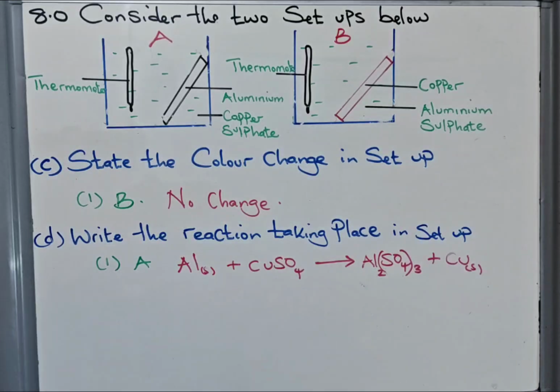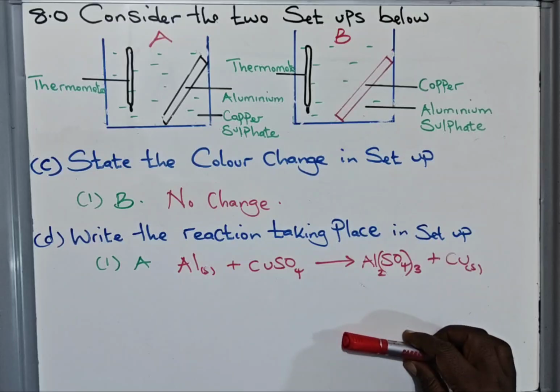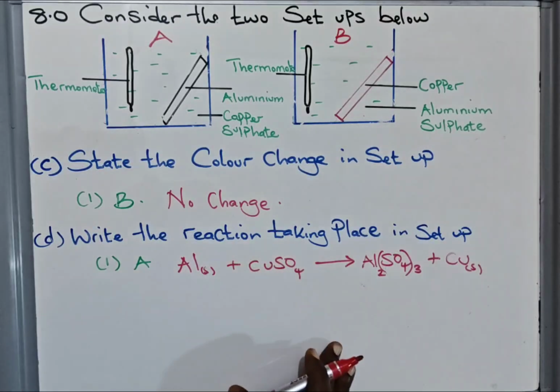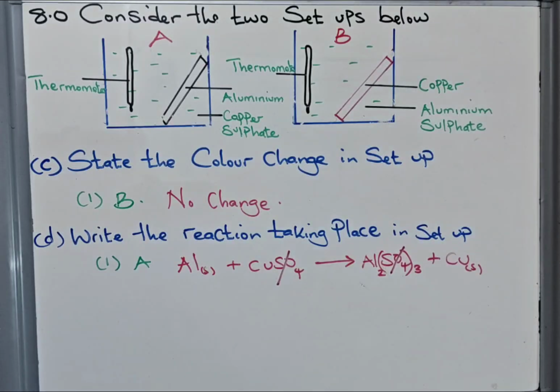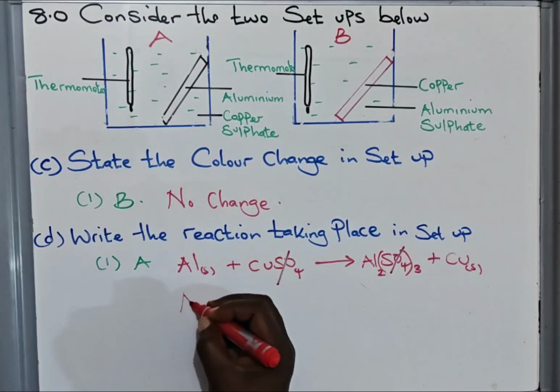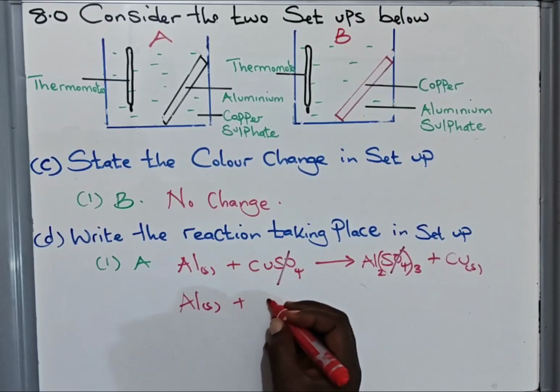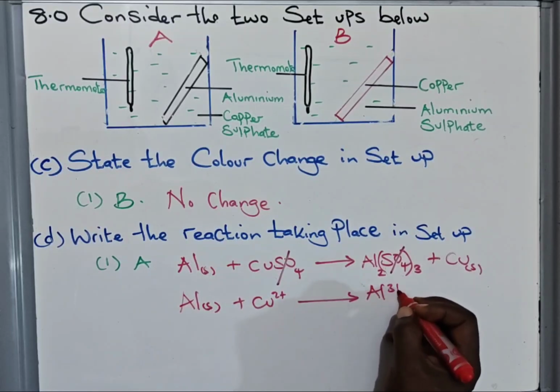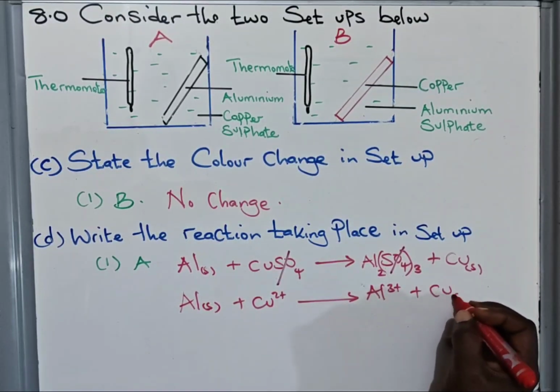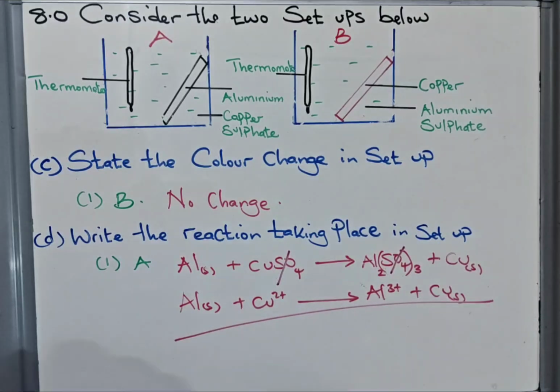This is the type of reaction taking place. If the reaction required is ionic, we cross out the spectator ion, the sulfate. After that we have aluminium solid plus copper 2 ions, giving us aluminium 3 plus ions plus copper solid.